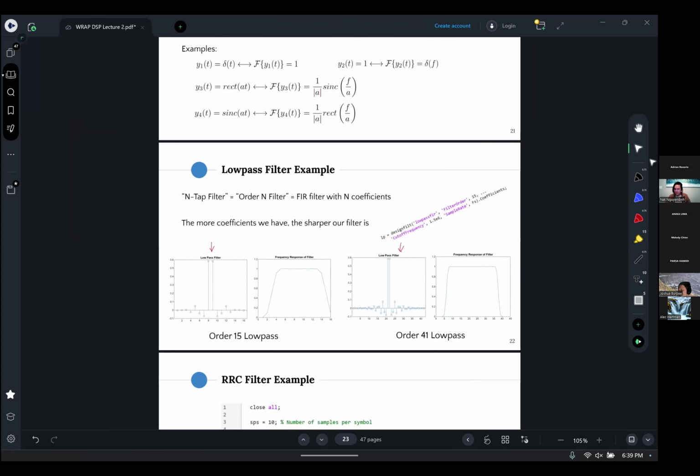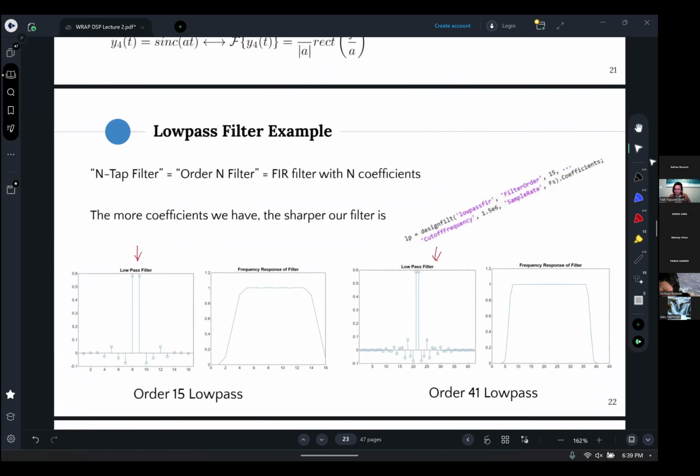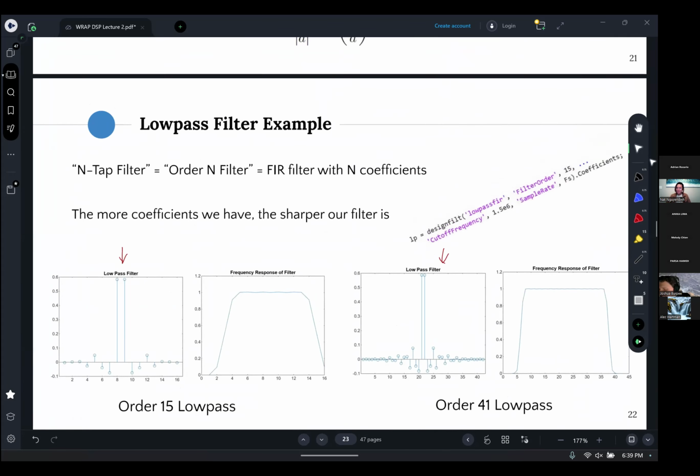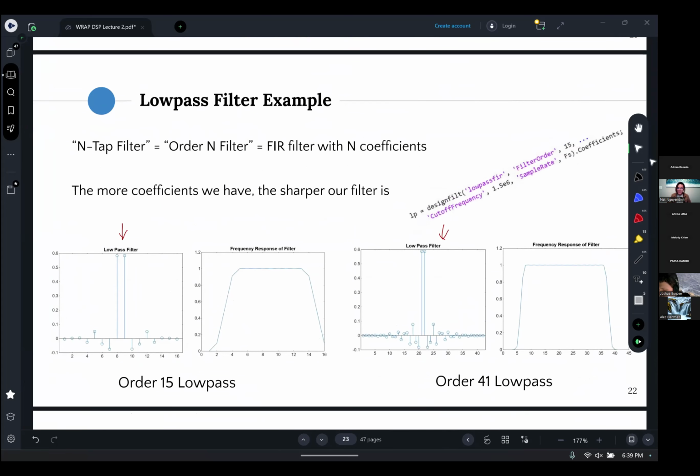The point that I want to drive home here is that the more coefficients you have for your filter, the higher the order of the filter is. Oh, sorry, I forgot to cover this point. When someone says it's an N tap filter or an order N filter, that just means it's an FIR filter with N coefficients.